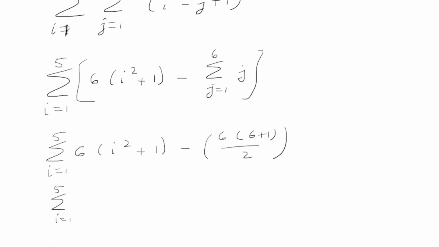So 6 over 2 is 3. 3 times 7 is 21. So what I'm going to do, I'm going to distribute the 6. So let's take an intermediate step here. This will be the intermediate step. And then I have 6i squared and then minus 15.